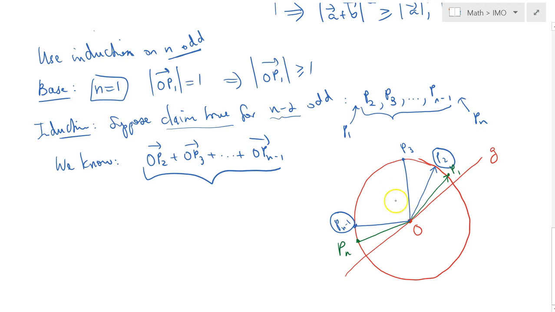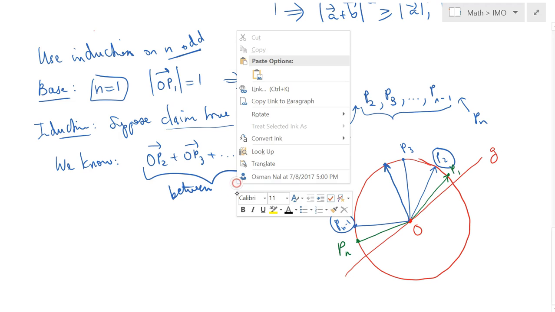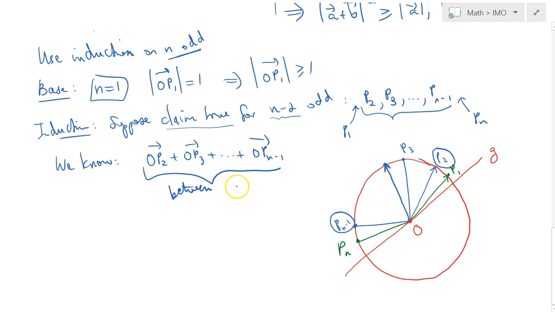So you have a vector whose size is at least 1. The least size that it can get is 1, and it is definitely between OP2 and OP sub n minus 1 because of fact 1, right? So this vector lies in the angle between OP2 and OP sub n minus 1.